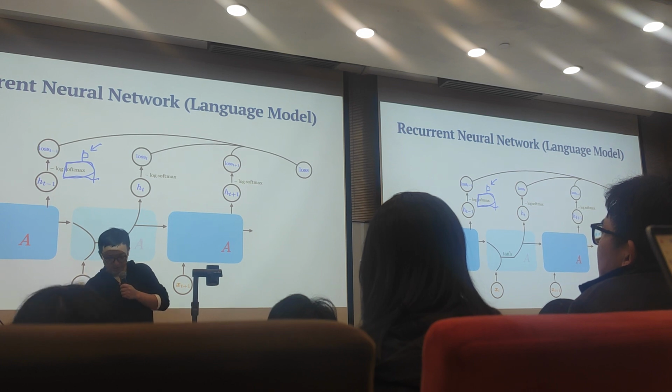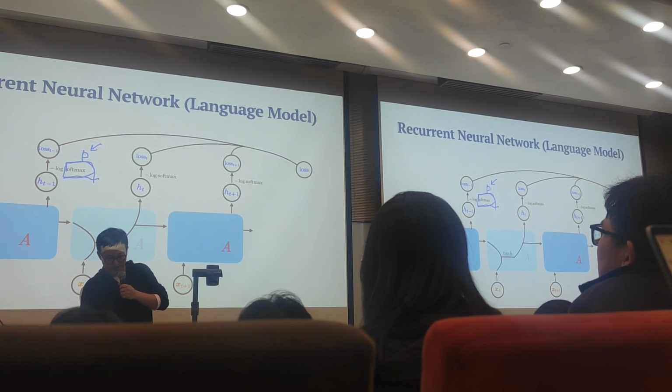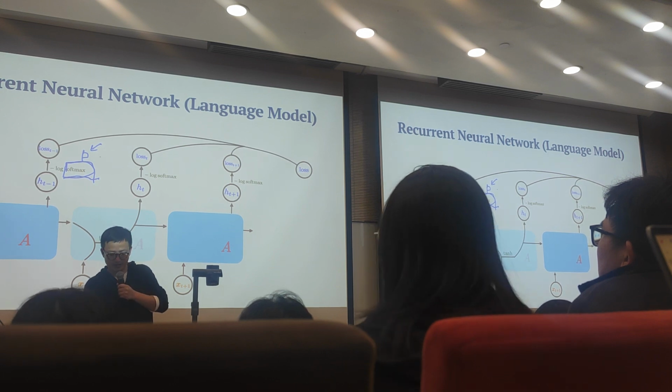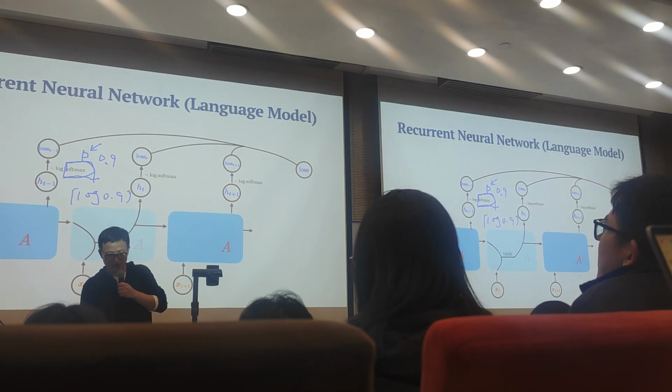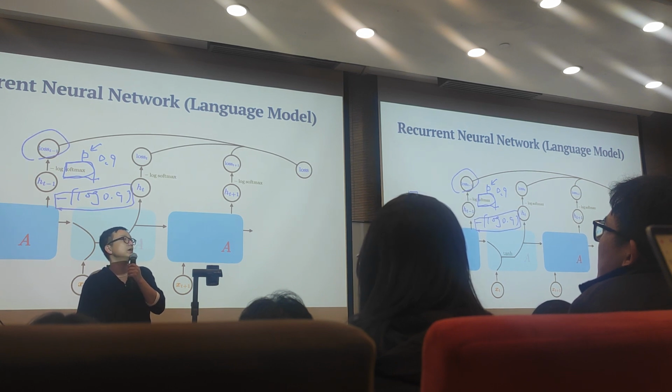Okay, so for example, the softmax gives us word 1, word 2, word 3, word 4, or whatever. So this is 0.9, and we actually know this word 2 is the correct word. So we put in this 0.9 here. Right? We do log 0.9 and minus log 0.9, and we compute the loss here.